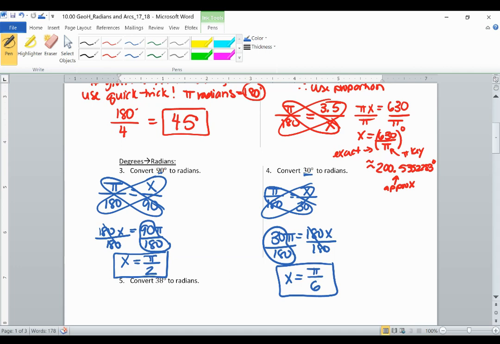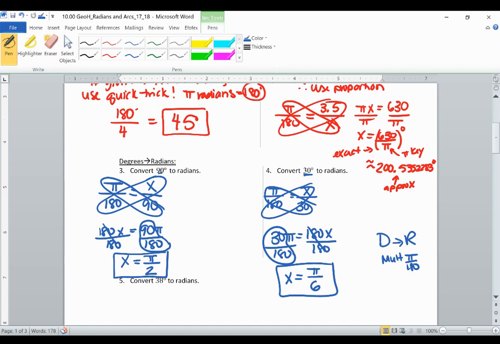So what you might start to realize as you do more and more of these is that every time you're converting from degrees to radians, you're just multiplying essentially by pi over 180. So just divide whatever they're giving you by 180, reduce that fraction, and slap a pi on the top, and you're done.